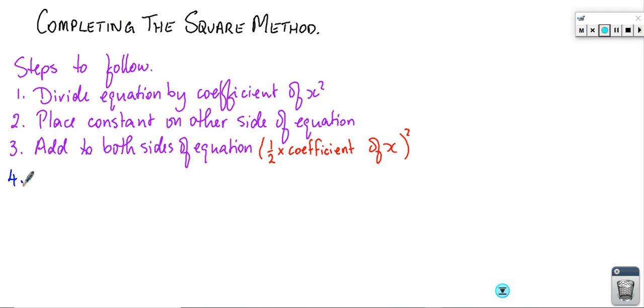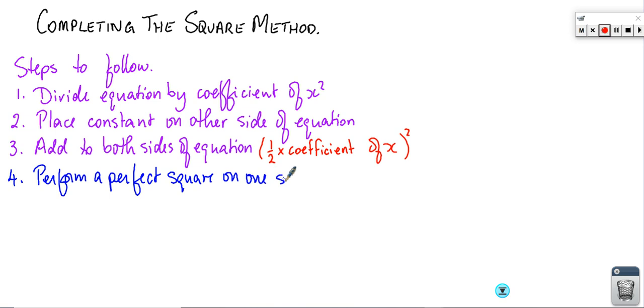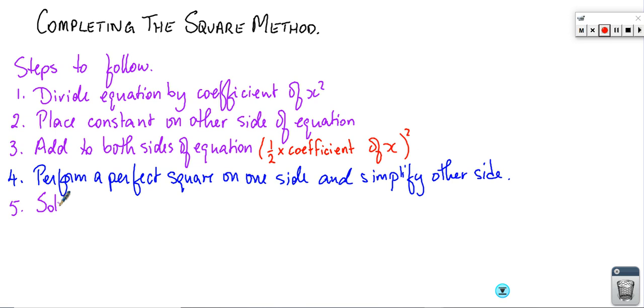Step number 4, perform a perfect square on one side and simplify the other side. Step number 5, solve the equation.